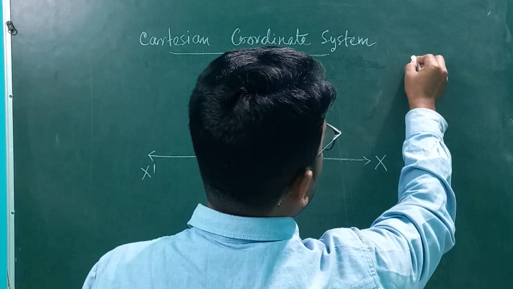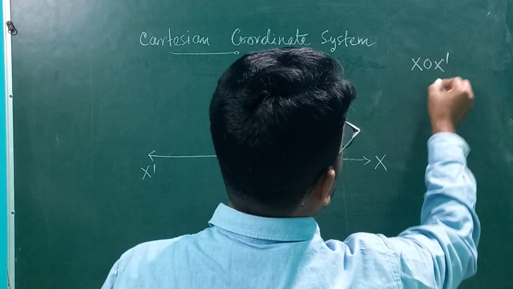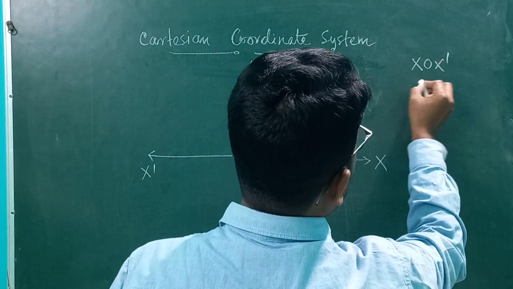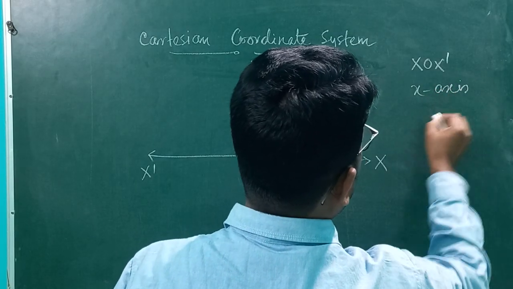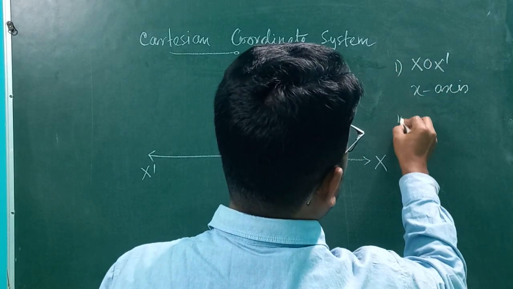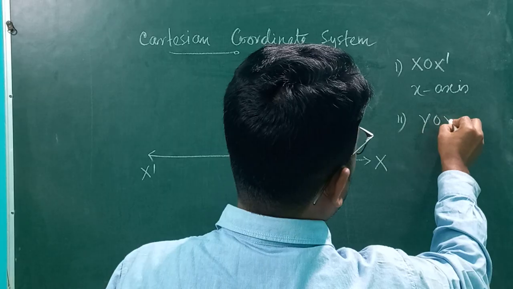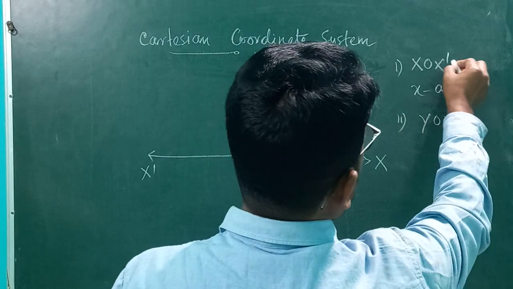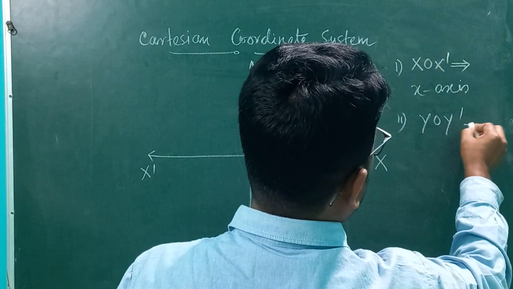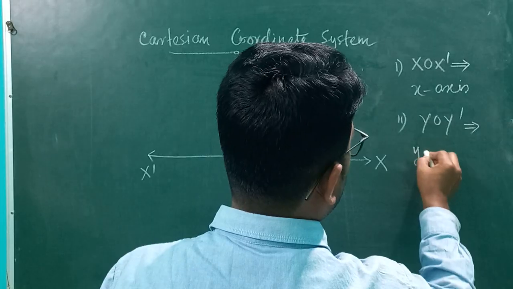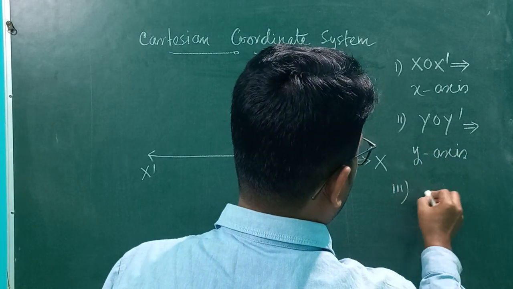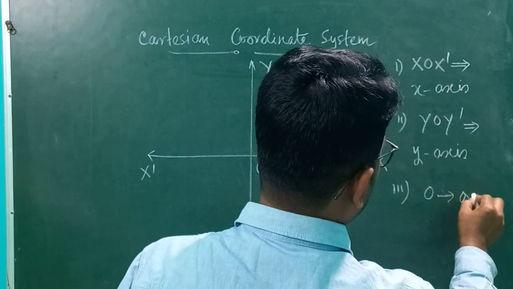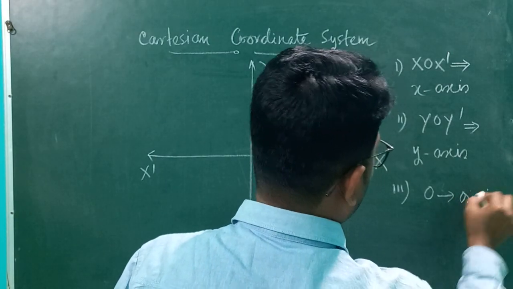So what is x O x dash? This one is the x axis. The second one, y O y dash, is called the y axis, and O is called the origin.